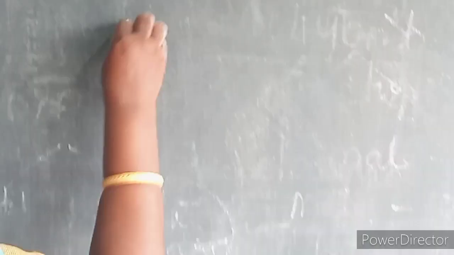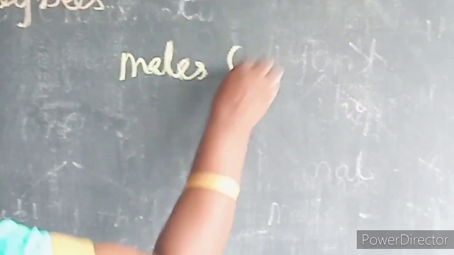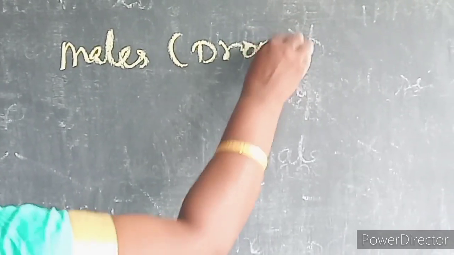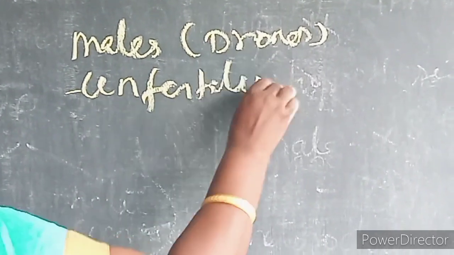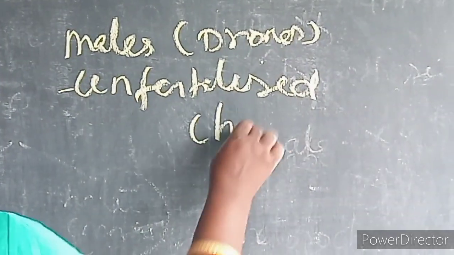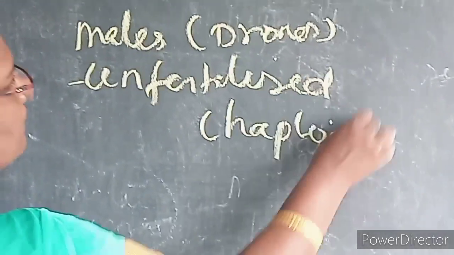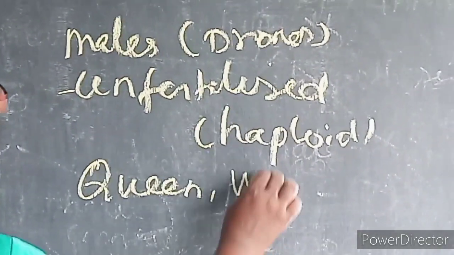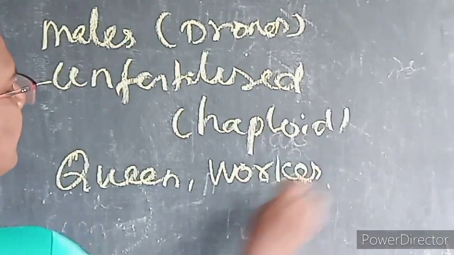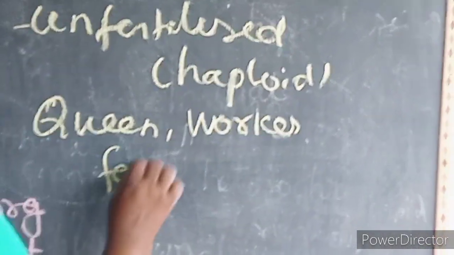So for example, in the honeybees, the males, that is your drones, develop from the unfertilized eggs. So it becomes a haploid. The queen bee and the worker develop from the fertilized eggs.